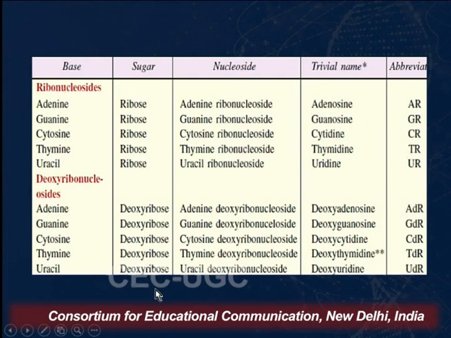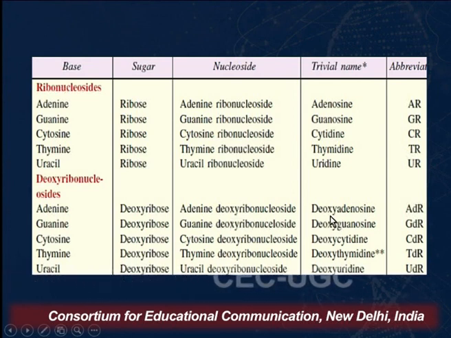Similarly, if it is cytosine and the sugar is ribose, the name will become cytosine ribonucleoside. The common name will be cytidine, and the abbreviation will be CR. Similarly, we can do it for the deoxy sugar. When the sugar is deoxyribose and the base is adenine, it will become adenine deoxyribonucleoside.